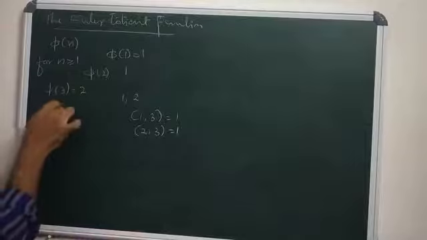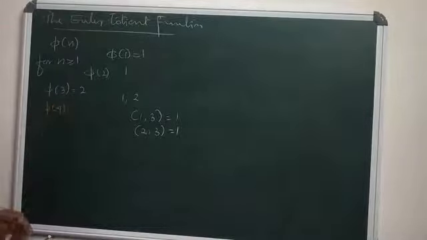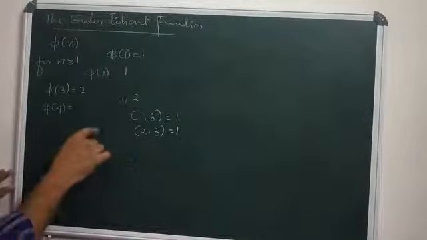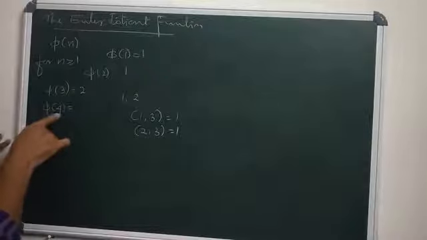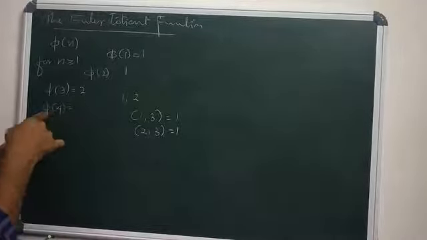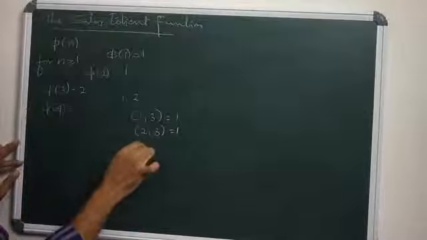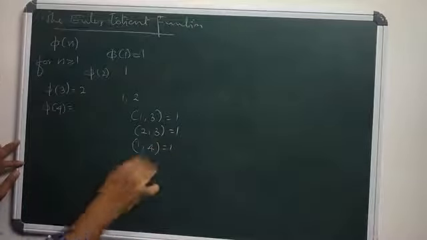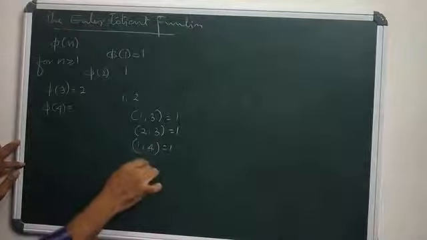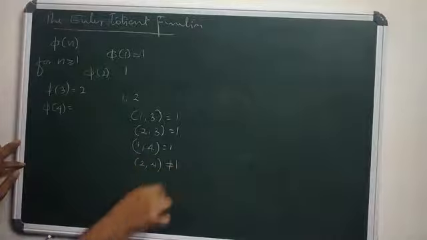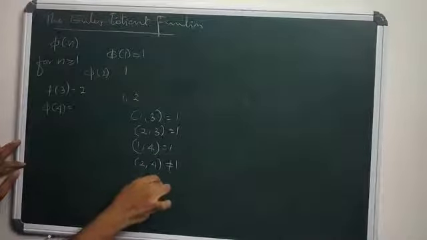So what is phi of 4? Phi of 4 means counting the number of positive integers less than 4 that are relatively prime to 4. 1 and 4 are relatively prime. 2 and 4 are not relatively prime. But 3 and 4 are relatively prime.